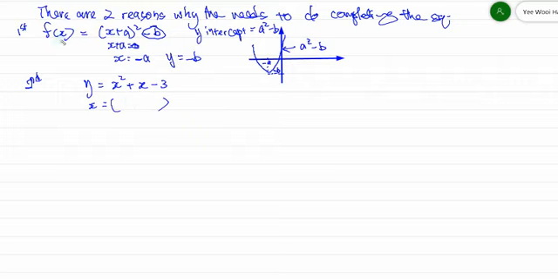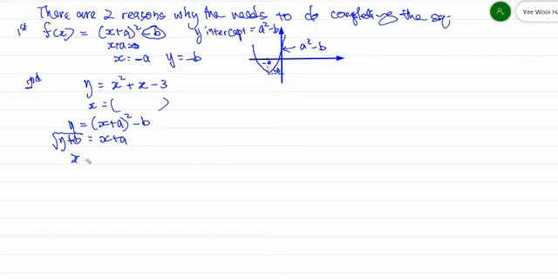Okay, now let's go back to this one. So let f(x) be y equals (x plus a) squared minus b. Now I can move the b here, y plus b, and then I square root it, equals x plus a.